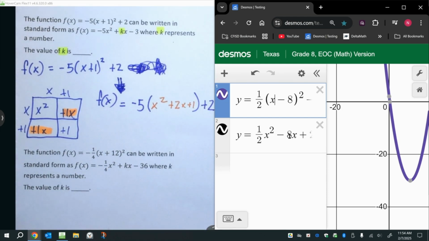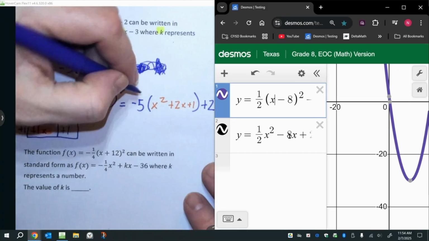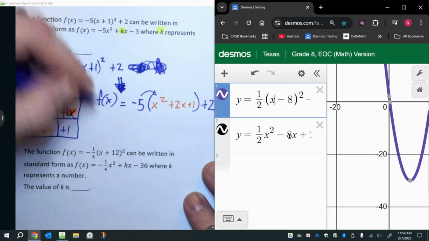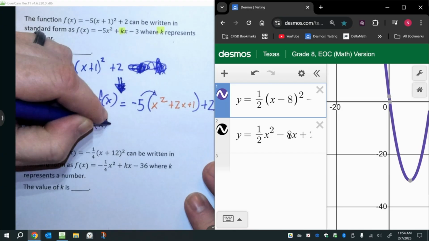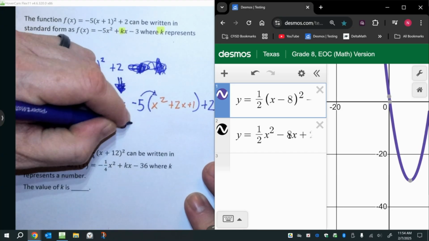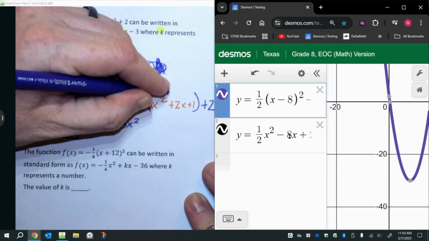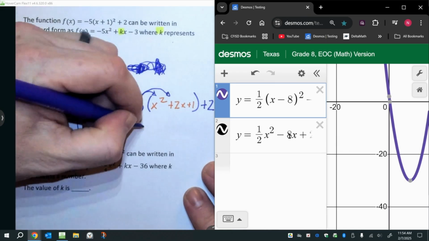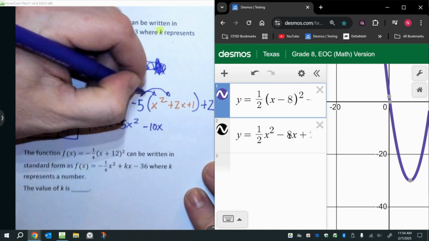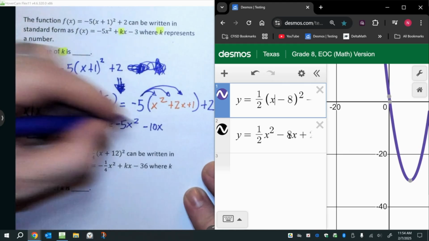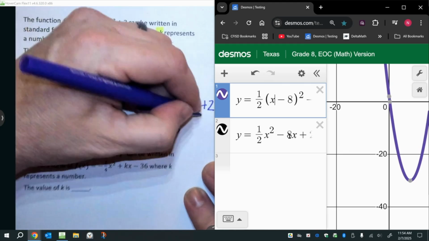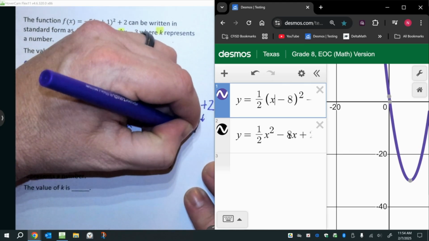All right, so we distribute again. Negative 5x squared, negative 5 times 2, negative 10x, negative 5 multiplied with 1, negative 5, and bring down our positive 2.